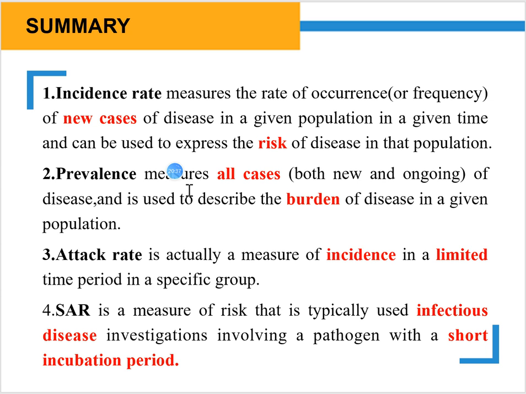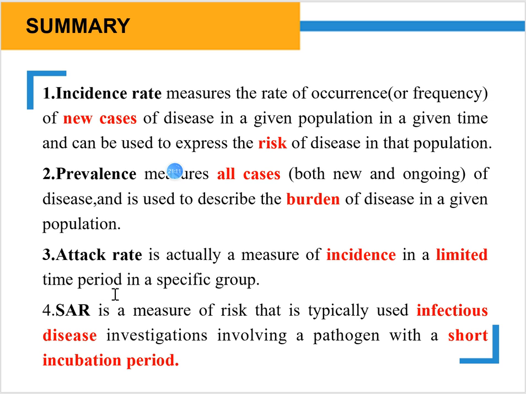Summary. First, incidence rate measures the rate of occurrence or frequency of new cases of disease in a given population in a given time, and can be used to express the risk of disease in that population. Second, prevalence measures all cases, both new and ongoing, of disease, and is used to describe the burden of disease in a given population.